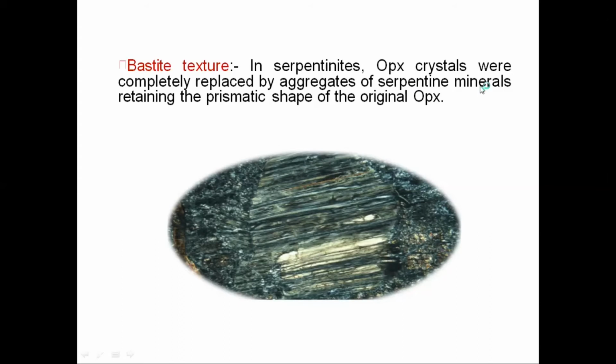Serpentine is normally the replacement of orthopyroxene, and it retained the original layering or twinning of the OPX crystals, so we call this bastite texture.